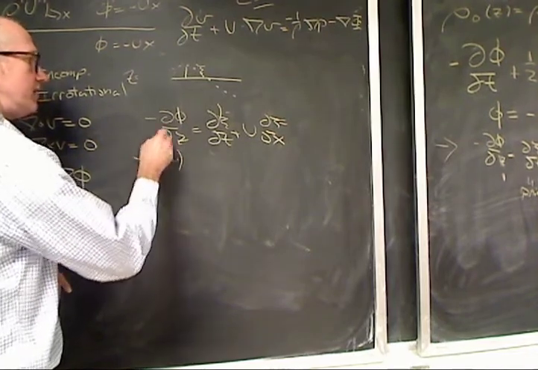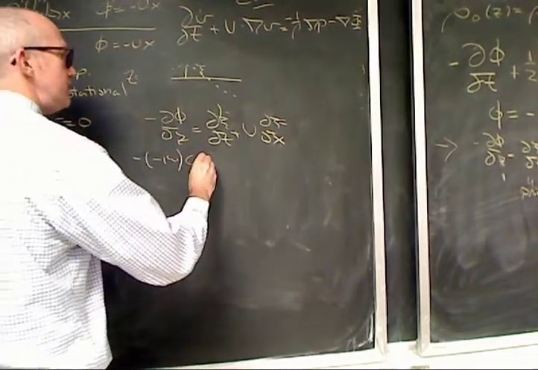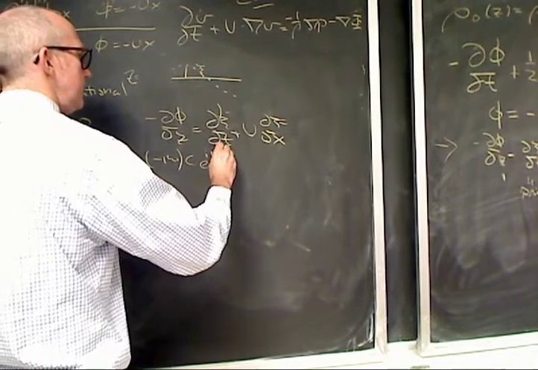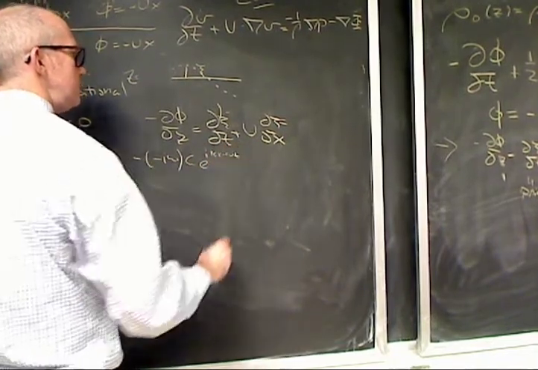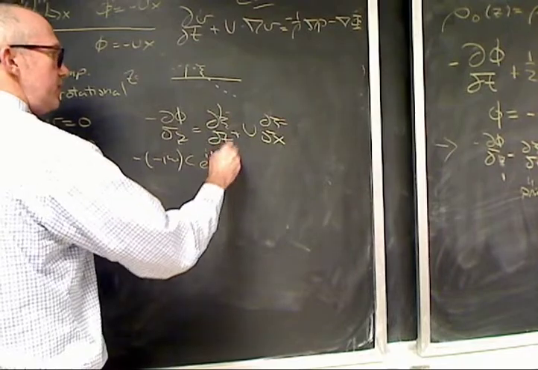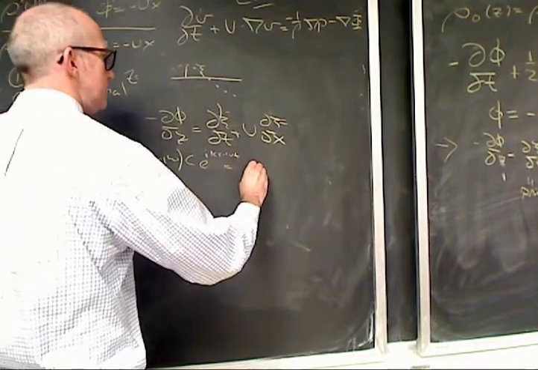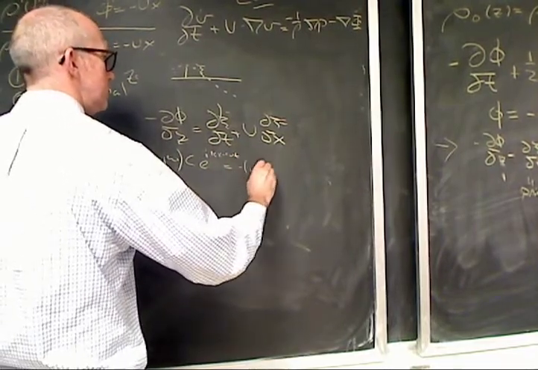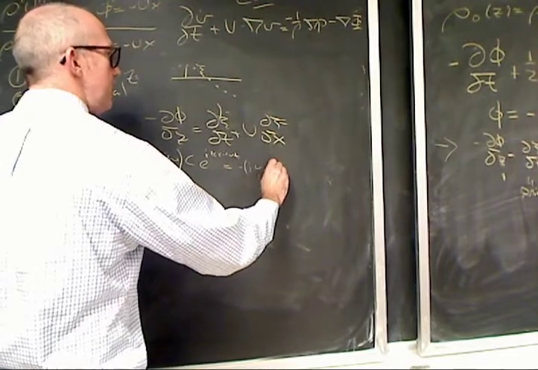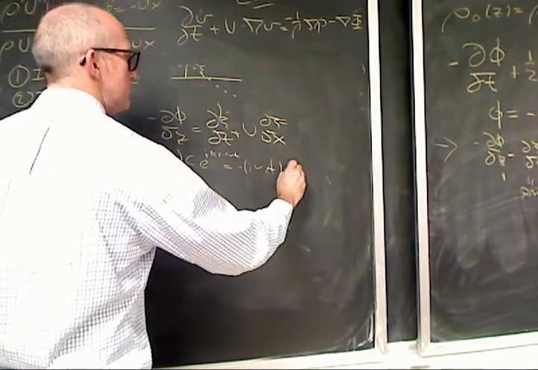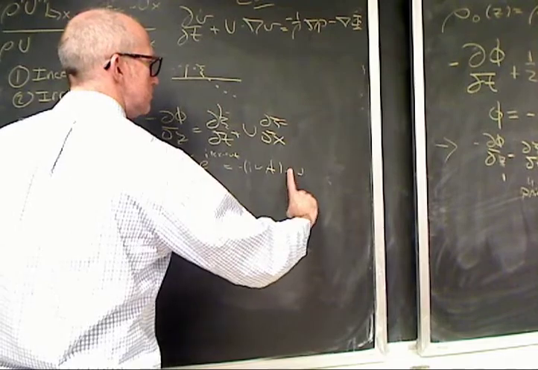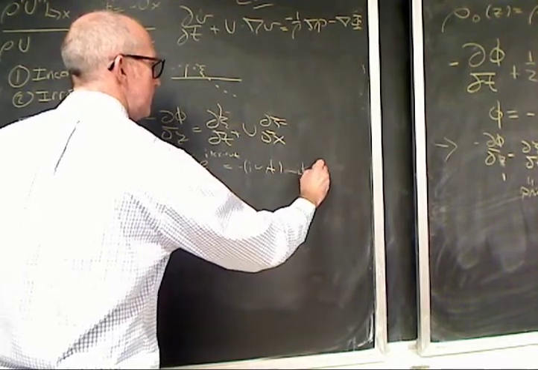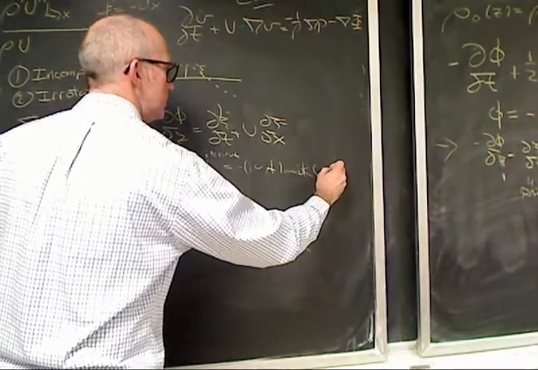Then I got a minus sign from the thing, and then I've got c e to the i(kx minus omega t). And then on the right-hand side, I've got an i omega times a plus u minus i k u times a.